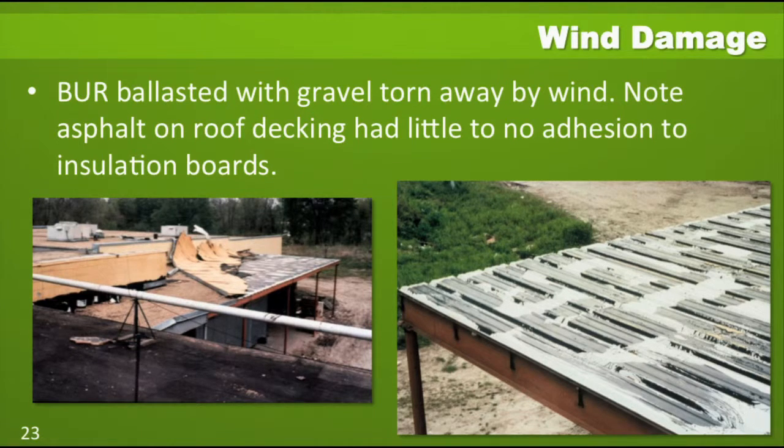But yet the dark asphalt residue on top of that metal deck does not have much, if any, insulation board attached to it. So it appears that the asphalt cooled and hardened before they put the insulation board down. And so even though wind clearly did remove this roofing, a contributing factor was the poor installation and weak attachment of the insulation board to the roof decking in this instance.